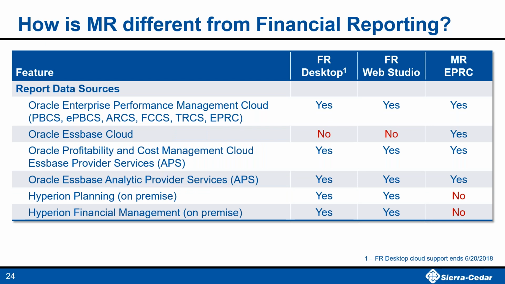And then with data sources, management reporting can connect to almost every EPM cloud service out there. It can also connect to Essbase on-premise. It cannot connect to Hyperion Planning on-prem or HFM on-prem. It can also connect to Fusion ERP, and actually both FR and management reporting can do that.